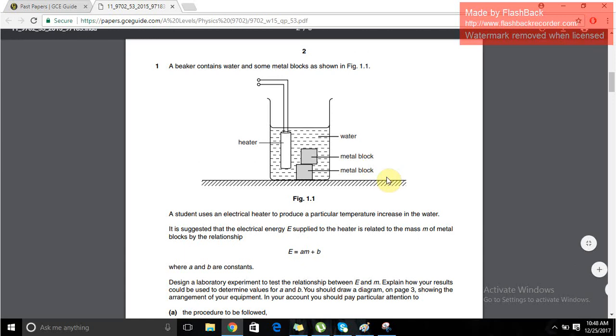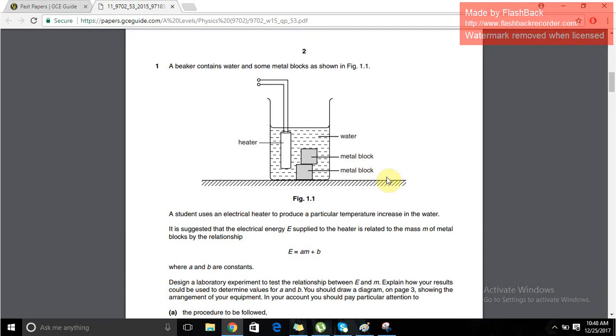And you need to have labeled at least 2 of the things you added. So you may label the thermometer as thermometer with 0.1 degrees Celsius divisions, and you may also label the A meter, the voltmeter, and the constant power voltage supply.